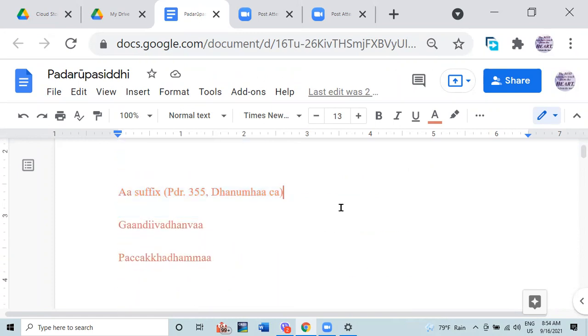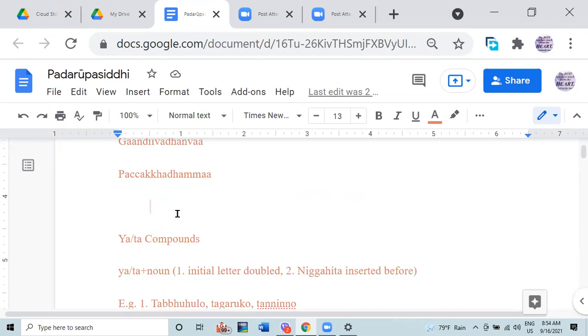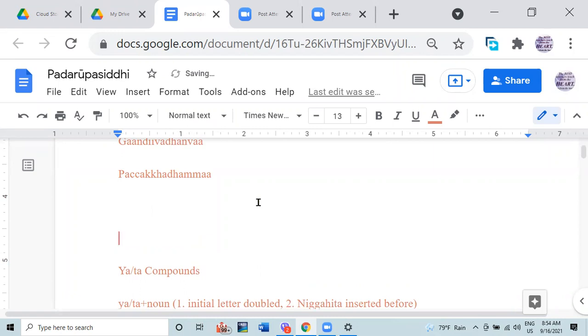The ka suffix you already know, it is mostly familiar. Like bhunariko, bhubodiko, etc. Many. The ka suffix is not only in Dvigu samasa, it is possible in other samasas also.